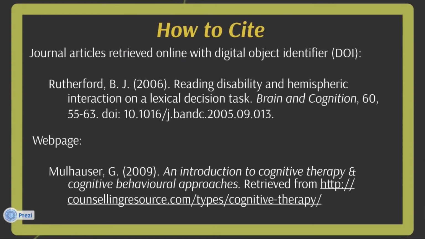You can take a look here at how to cite some common research materials. Journal articles retrieved online usually come with a digital object identifier, which is a permanent address for the article in the case that it's removed from the URL from which you found it.